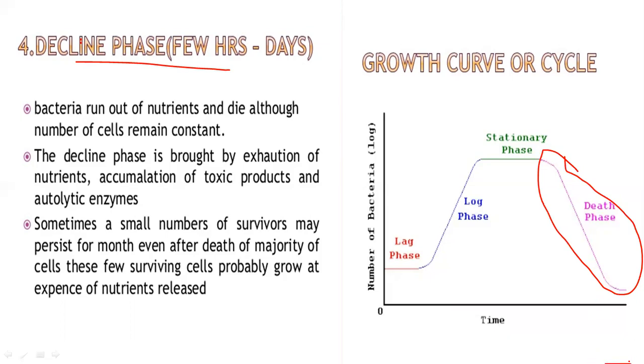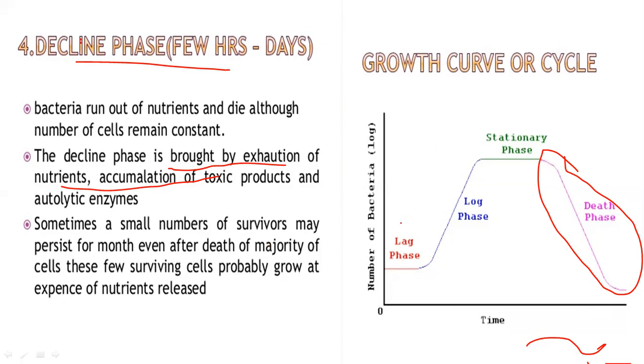The decline phase is brought about by exhaustion of nutrients, accumulation of toxic products, and autolytic enzymes which destroy these bacteria by themselves.